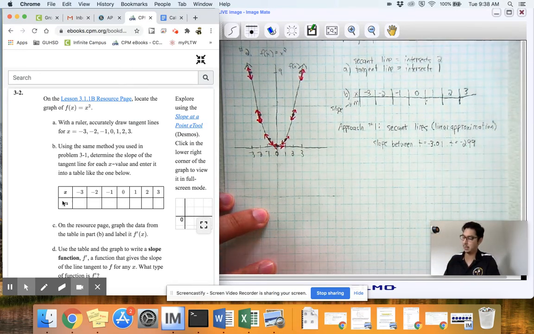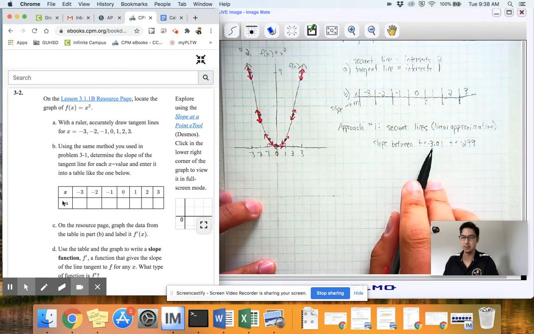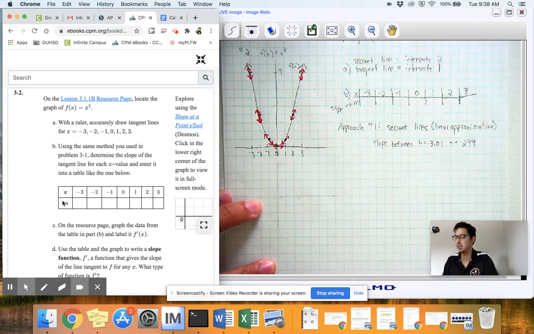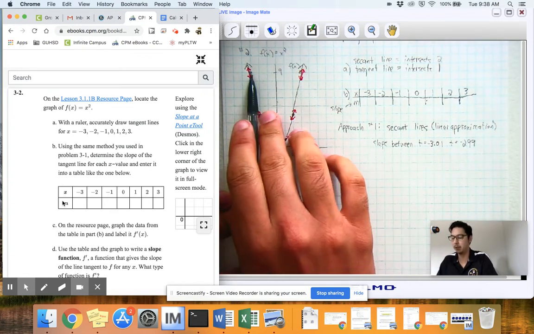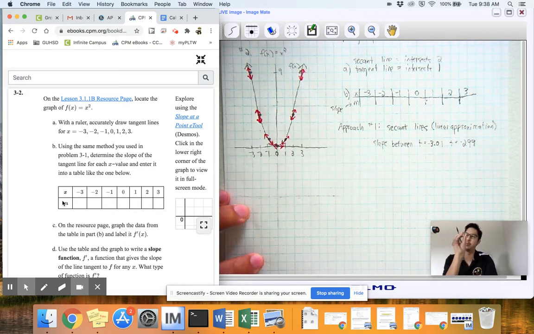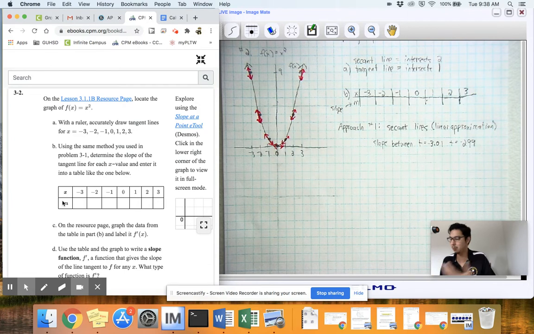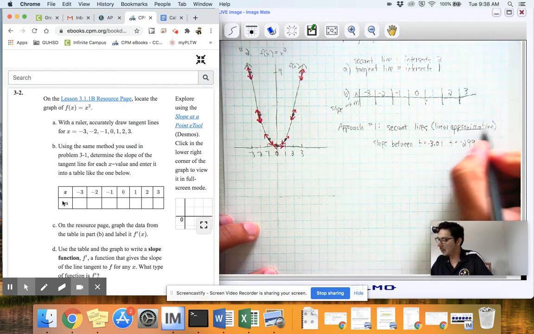Because notice, if we find the slope between these two times, it'll be approximately the same as the slope at -3, right? If you look at a slope between two moments in time, what's happening in the middle is not going to change much. So this will be an approximation, right?